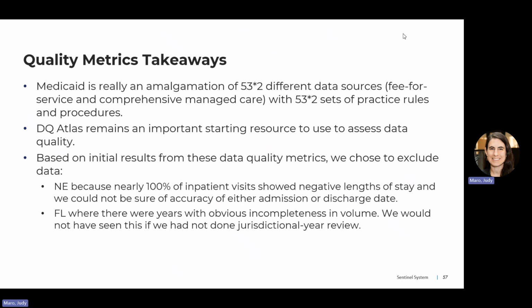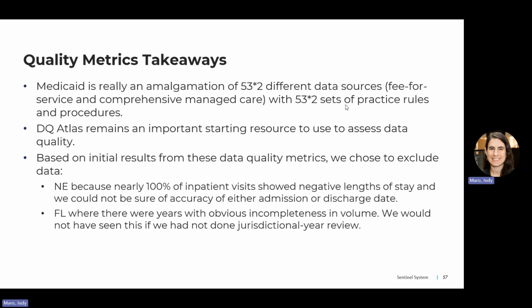It's important to use these metrics to really influence whether you think the data have such quality problems. For us, a quality problem we're particularly concerned with is missingness or incompleteness, and whether we need to exclude those data or not.